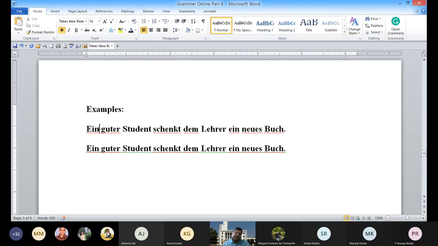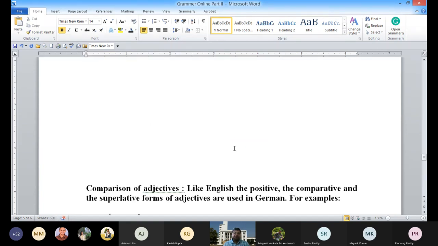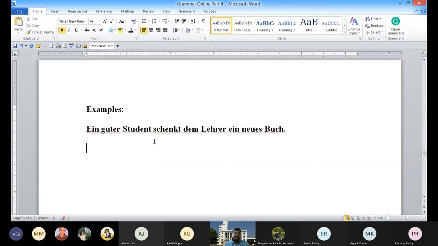If it is a definite article, there it was e. With ein, it was er. And even without an article, it will be er. Or any possessive pronoun, like my good student, if I want to say, again it will be er: mein guter Student. So the next sentence in fact was like that only: ein guter Student schenkt dem Lehrer ein neues Buch. Let me give some more examples.